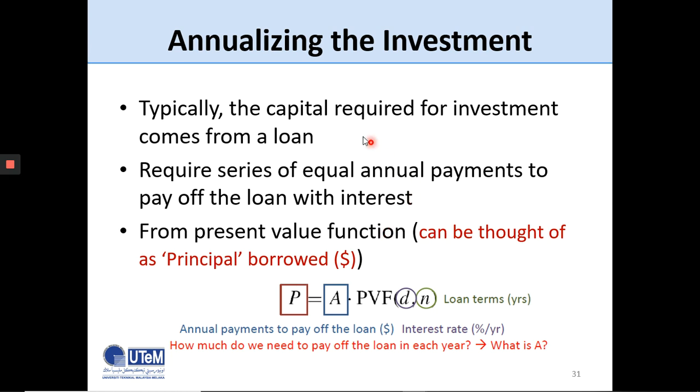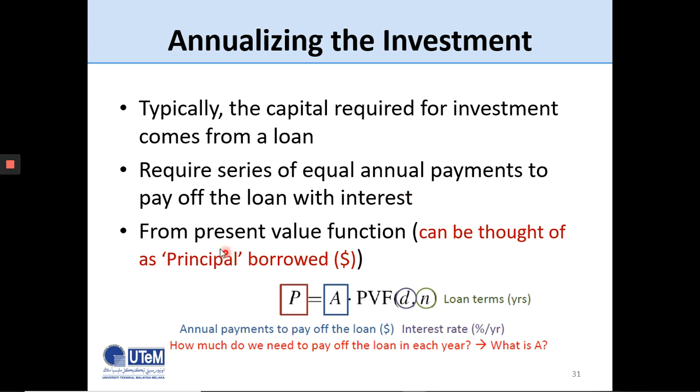When a company wants to invest in a project, typically they will apply for bank loans, and bank loans require you to pay either annually or monthly with a specific amount of interest. So we need to factor in the interest as well in our calculation to determine whether our investment is worth it.